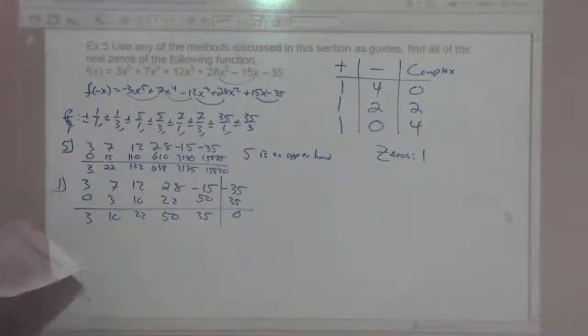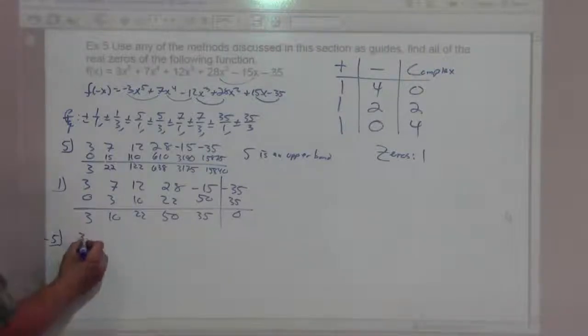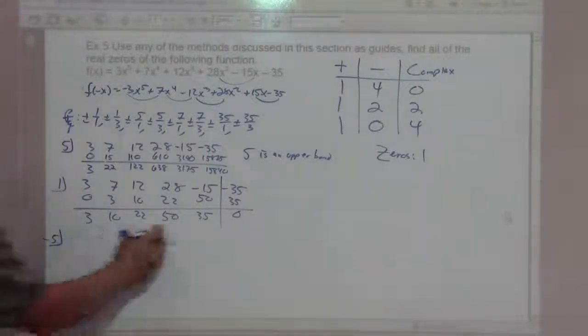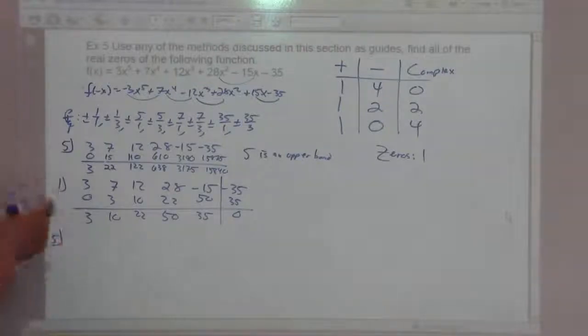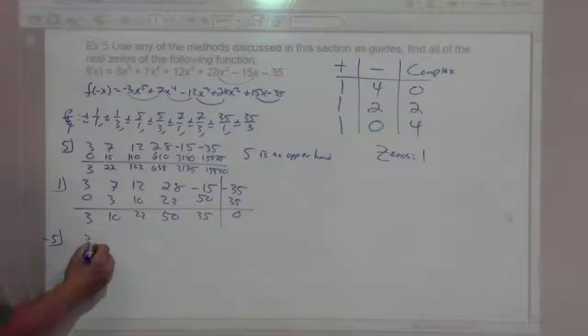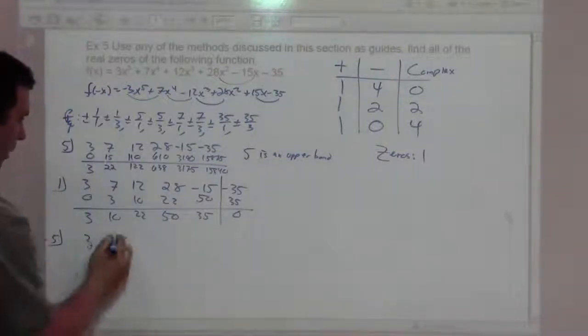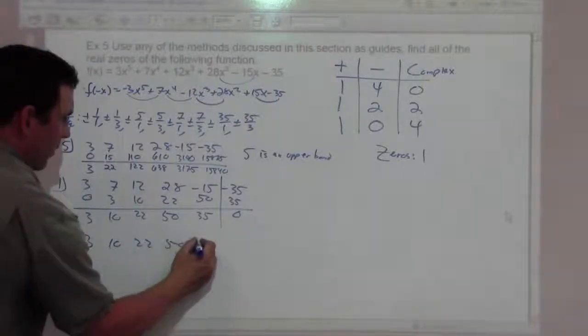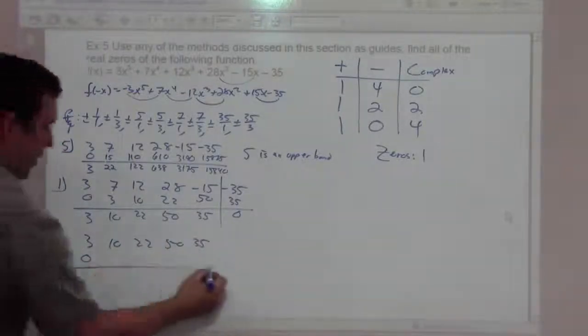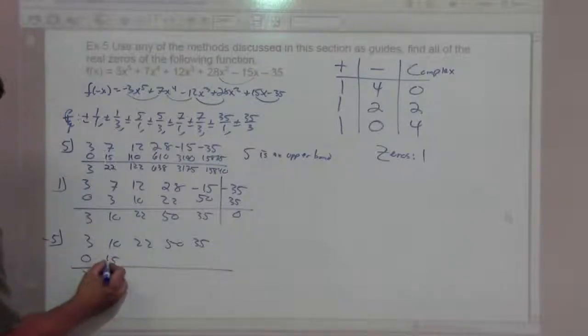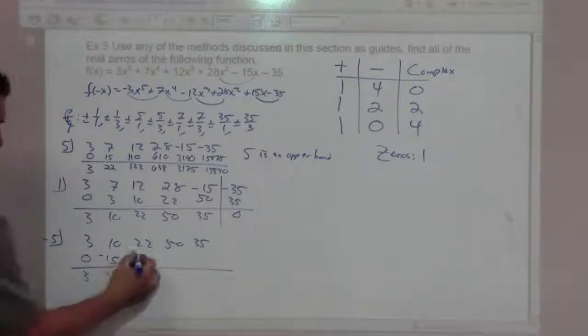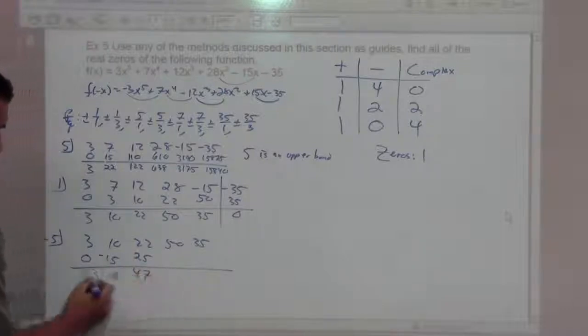What if we did negative 5? We have 3, 10, 22, 50, and 35. 3, 15, negative 15, that's going to be negative 5. It's 25, that's going to be 47.